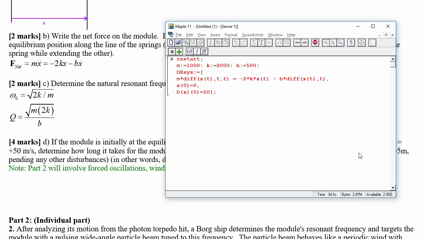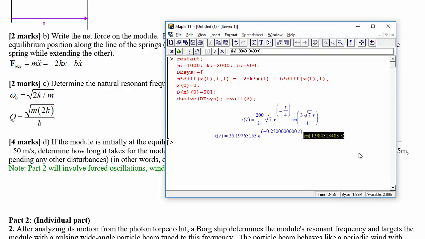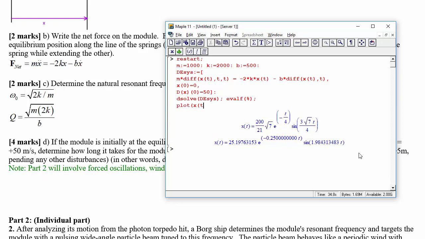So there is our differential equation system. And we can solve that for what the x at t is going to be. We can put that into the decimal version of it, and we can plot it.